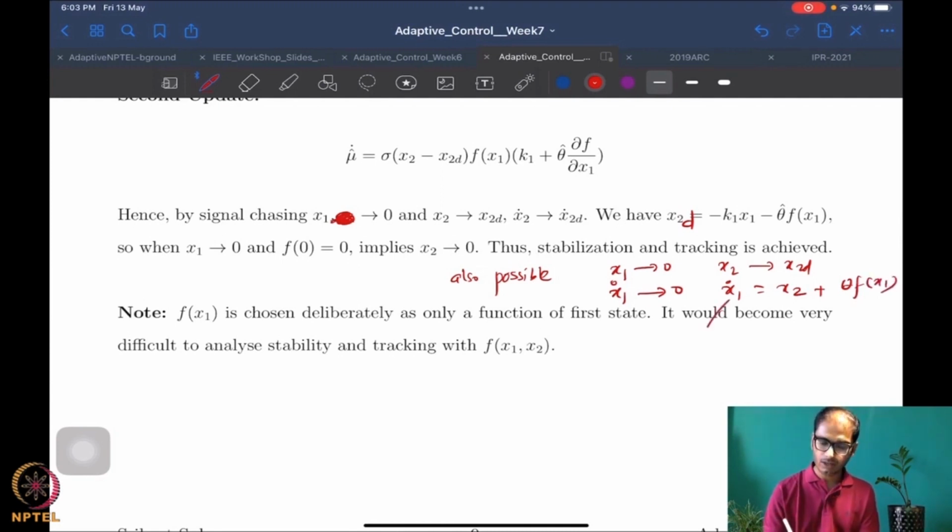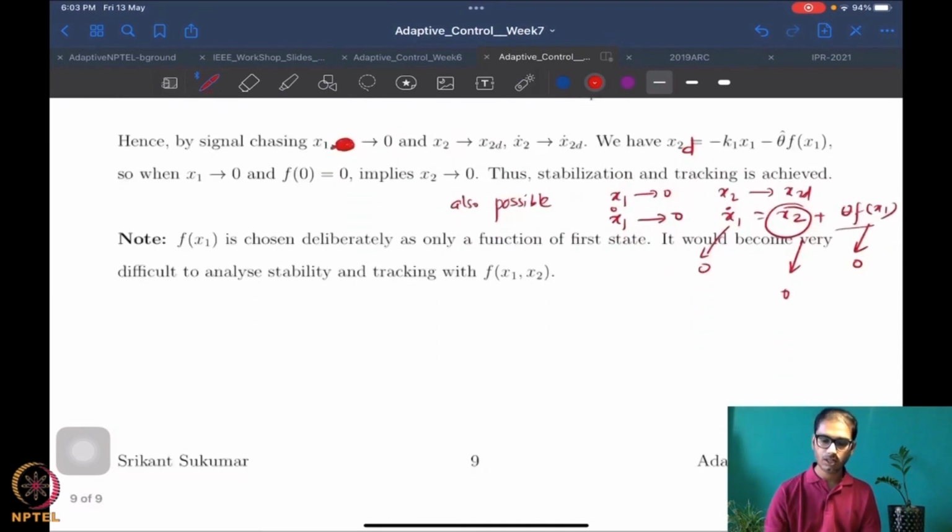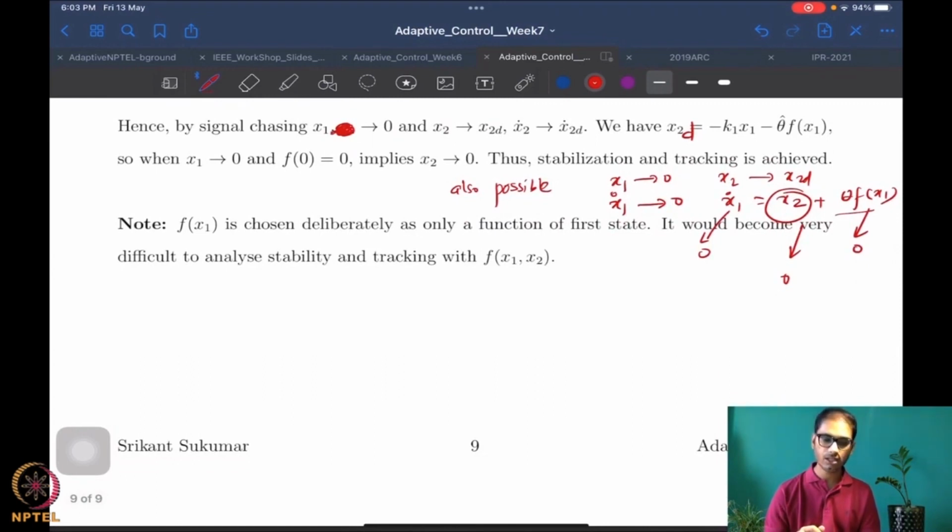And if x1 is going to 0 and this is going to 0 because x1 is going to 0, then this also has to go to 0. Okay, so this is another way of doing it. Both are identical, it doesn't matter.